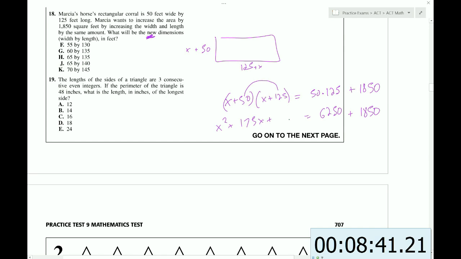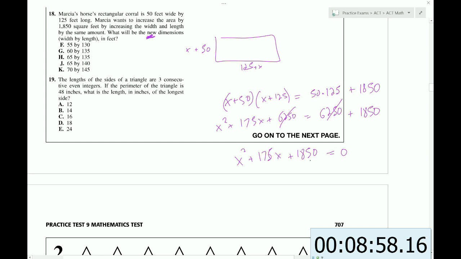Okay. Anyway, these will cancel. This subtracts over. X squared plus 175x plus 1850 equals 0.